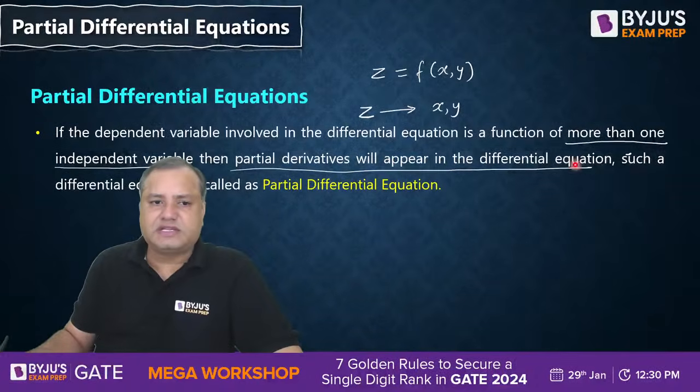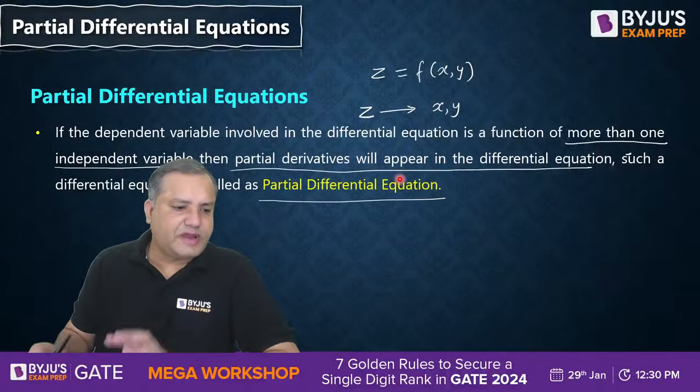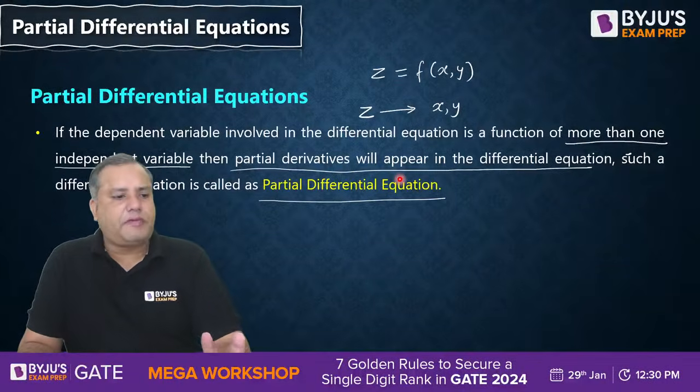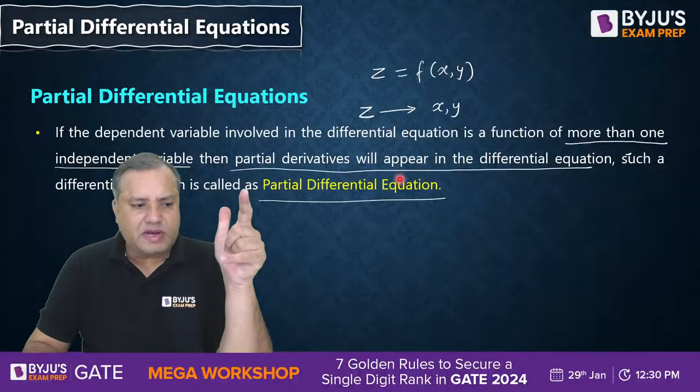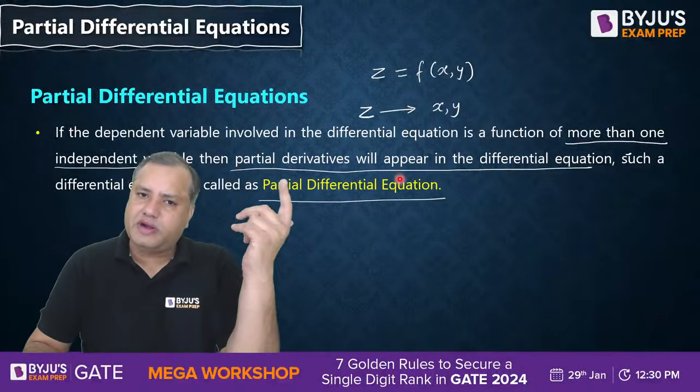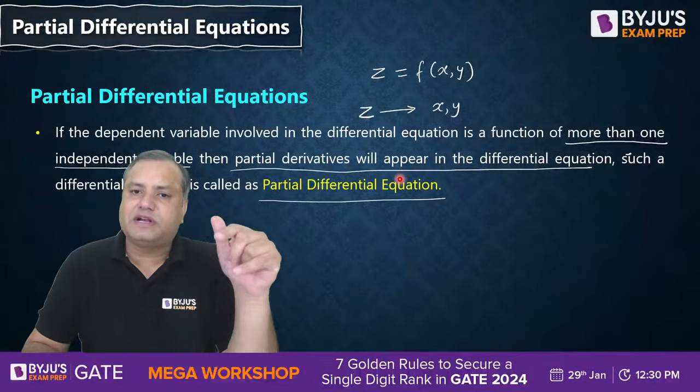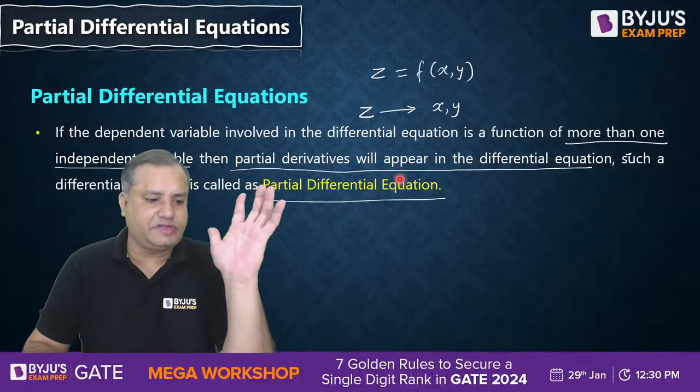Then such a differential equation will be referred to as a partial differential equation. Is that very clear? All of you got the meaning of partial differential equation? Here the dependent variable is a function of more than one independent variable. That's why partial derivatives are appearing in the differential equation.